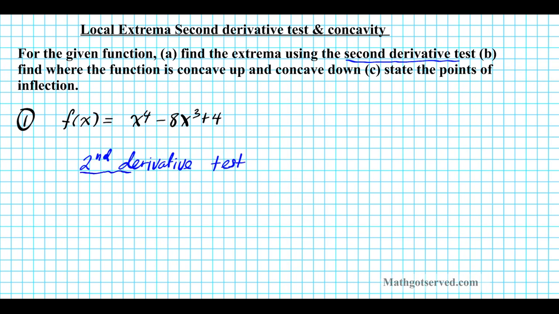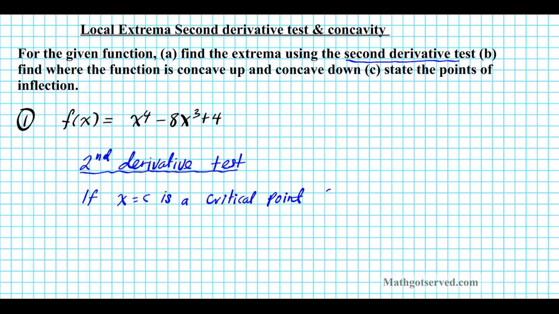Okay, so the second derivative test, the initial condition is, if x equals c is a critical point, what does that mean?